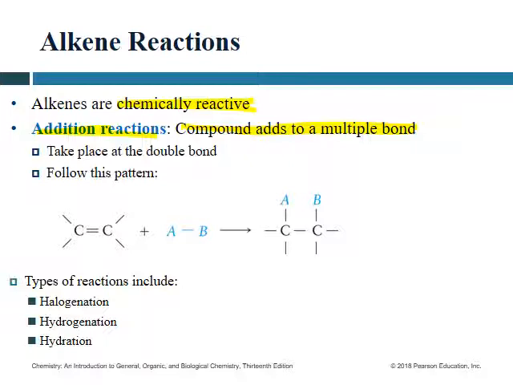For instance, if this is the alkene, what does this have? This has a double bond. If I add, let's say, a compound AB to this, what would happen? This double bond will break up. One of these bonds will break. Let's say this bond was lost. Now this carbon and this carbon will have one extra bond available.